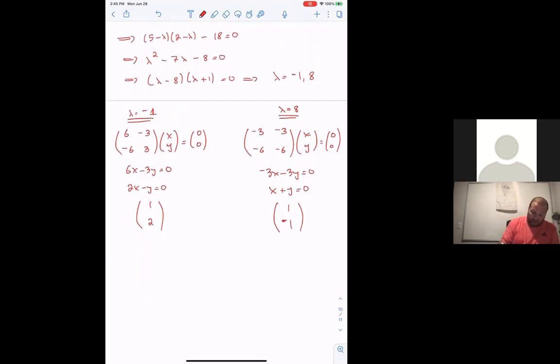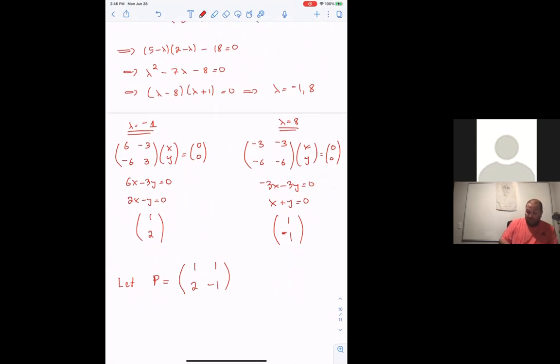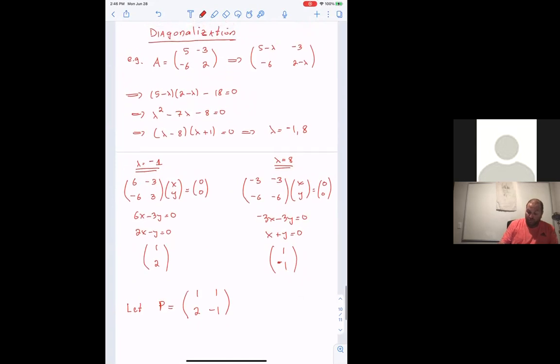Now let P, this is a new matrix now, equal a matrix whose columns are the eigenvectors. The first eigenvector was 1, 2. The second one was 1, negative 1. So we're going to make a new matrix whose columns are the eigenvectors: 1, 2, 1, negative 1.